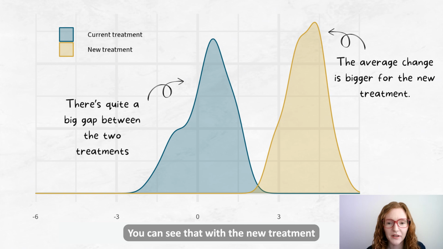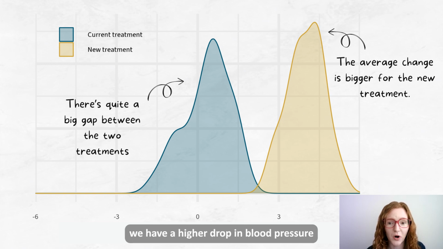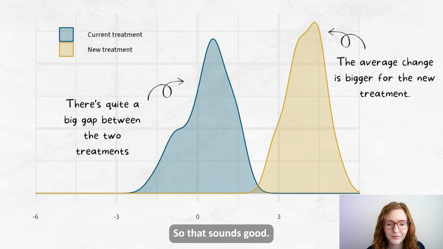You can see that with the new treatment, we have a higher drop in blood pressure compared to the current treatment, so that sounds good. And here, there's a small overlap between the two, but it generally looks like the two treatments are quite different to each other.